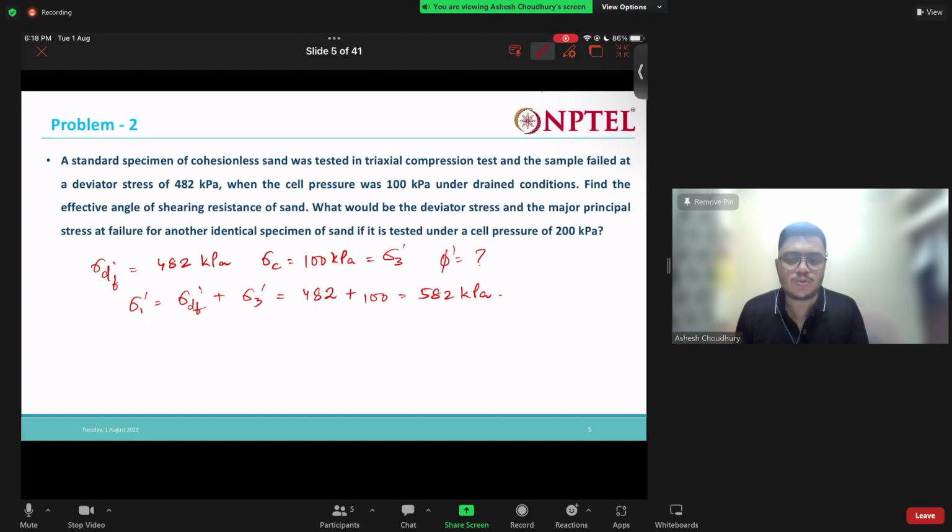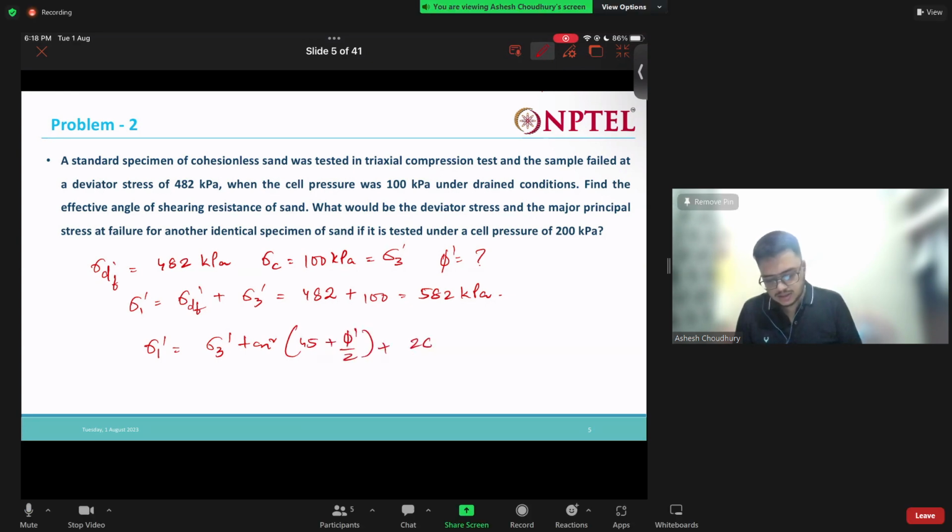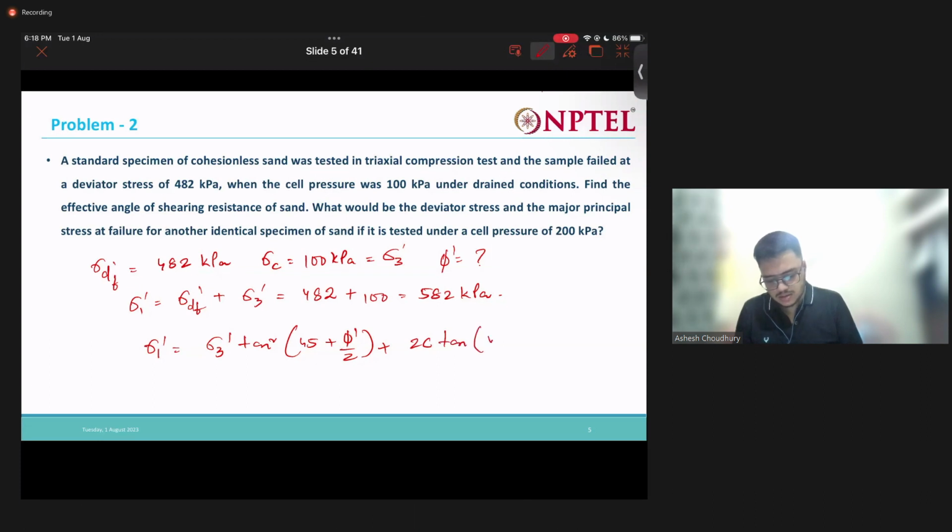Now we need to find out phi, right? So for that, we will be taking help of our basic equation, the main equation which we derived from the Mohr-Coulomb theory. It is sigma 1 dash equal to sigma 3 dash tan square (45 plus phi by 2) plus 2c tan (45 plus phi by 2), right?